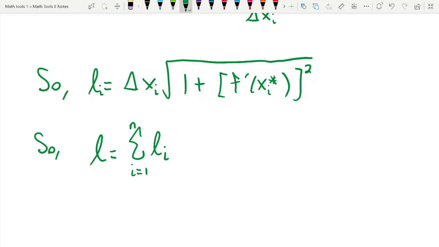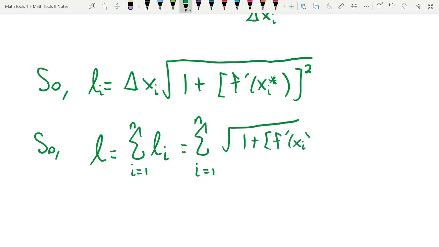Okay, so we add them all up, say that there's n of them, which is going to be the sum from i equals 1 to n of the square root of 1 plus f prime of xi star squared. Whoops. And then on the outside, we have times the delta x_i.